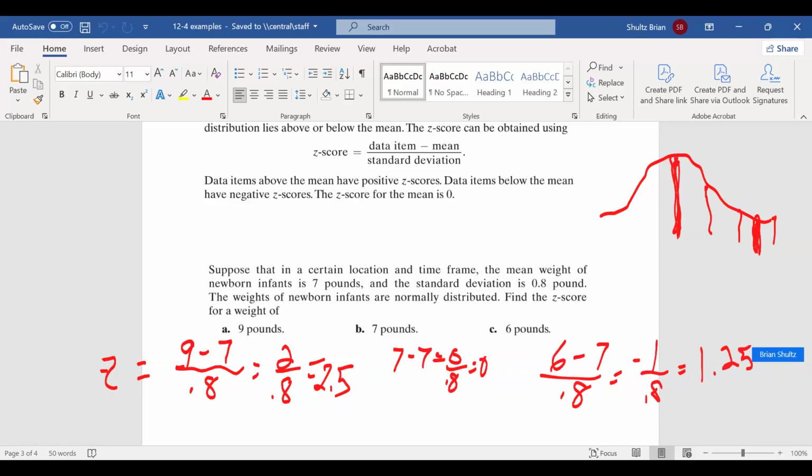But remember, it's negative. So the z-score of 6 pounds is negative 1.25, right in here, standard deviations below the mean.